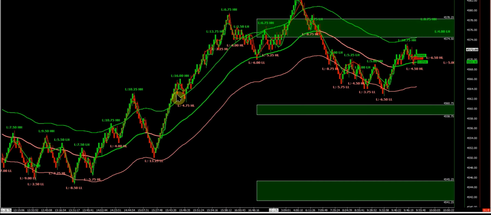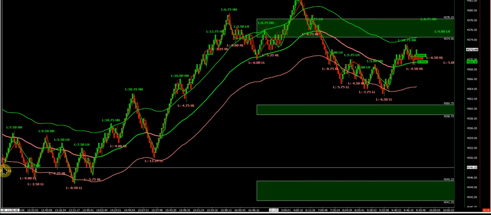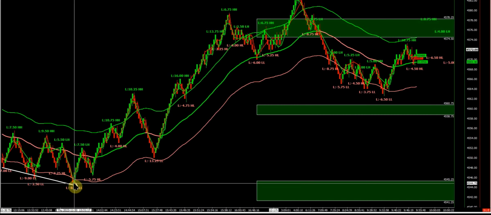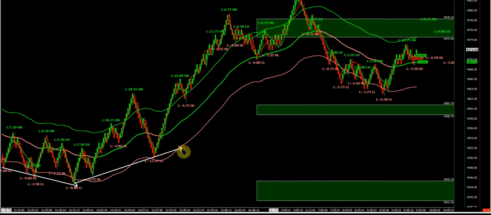This is the start of a new trend. You're making a higher low than here. Instead of coming down here like this, you're coming like this, so now you're making higher lows.